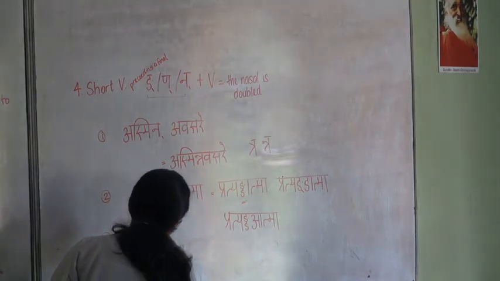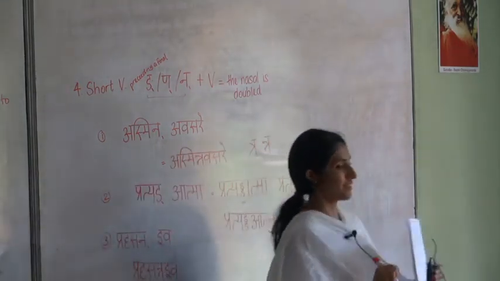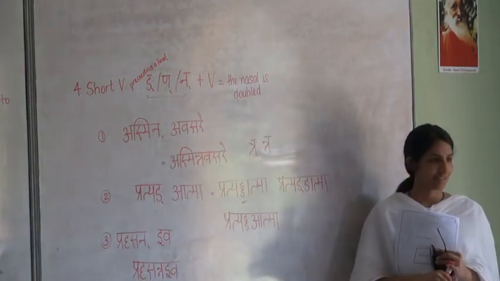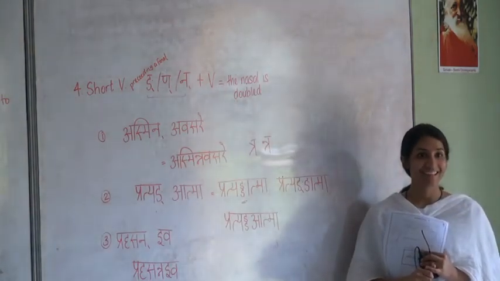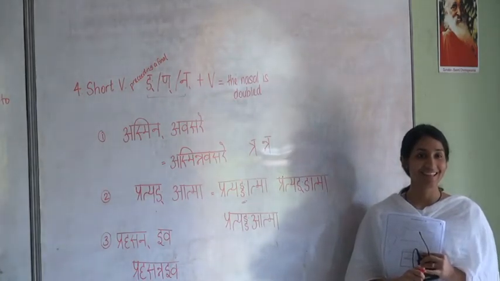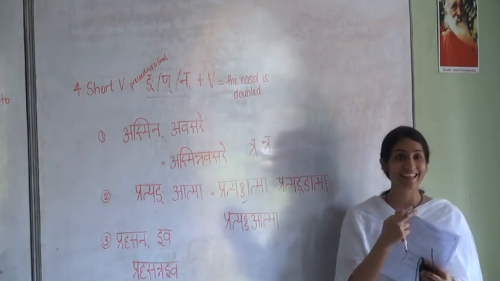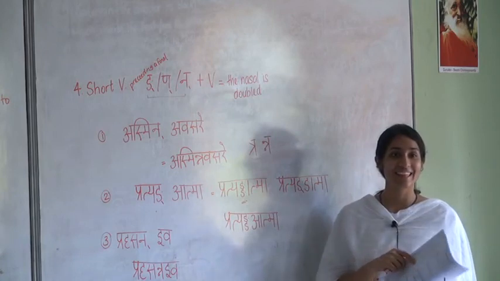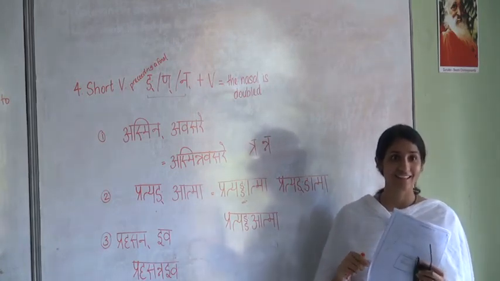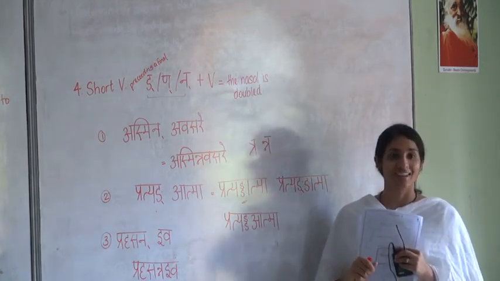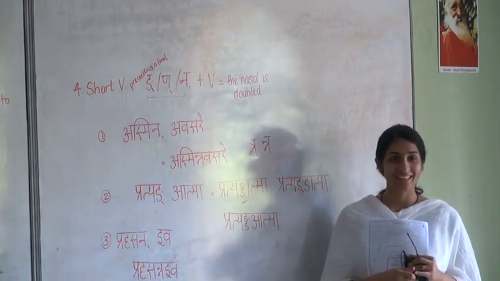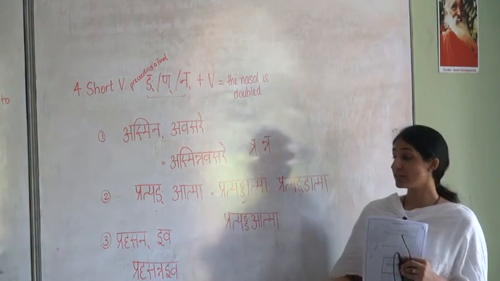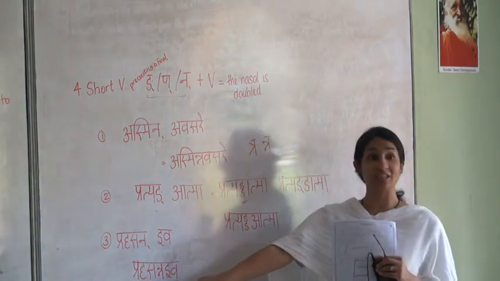Is this correct? Go ahead. The short E, can that become a vowel? Correct. It has to change into a vowel symbol. Well, no. I was asking if there's anything wrong.